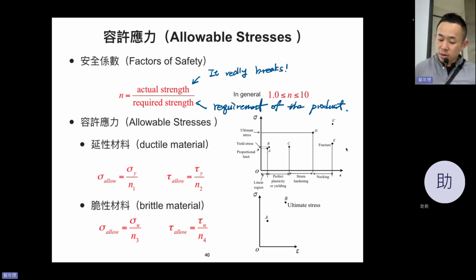So in general, this will be greater than that, right? So in general, it should be greater than 1, or 2, or 3.